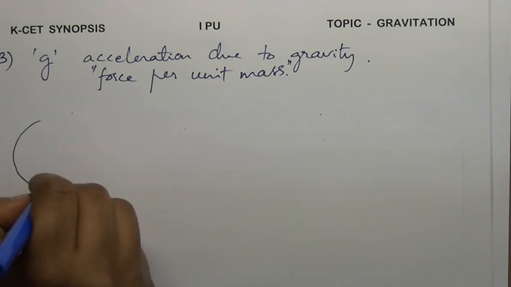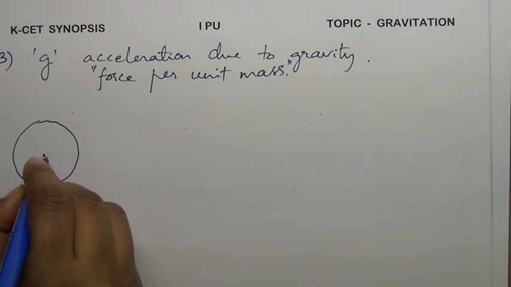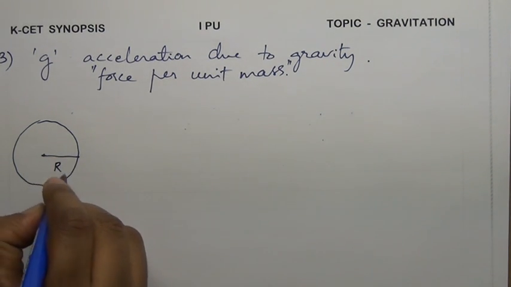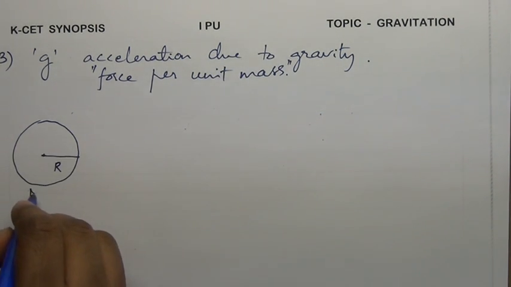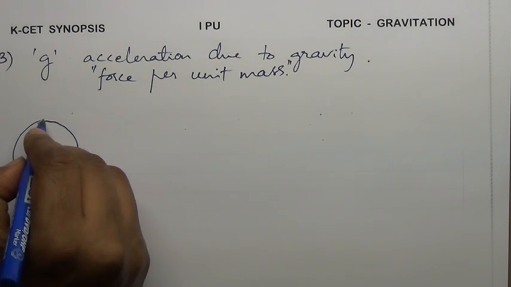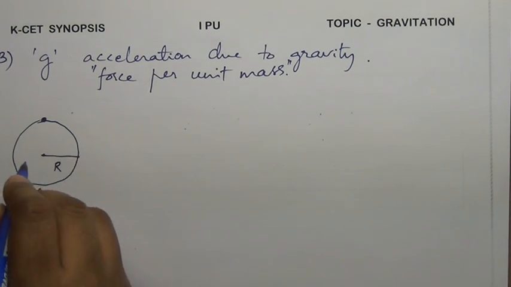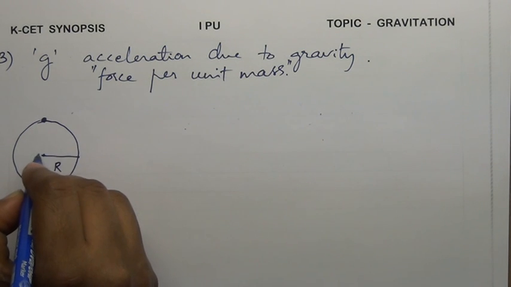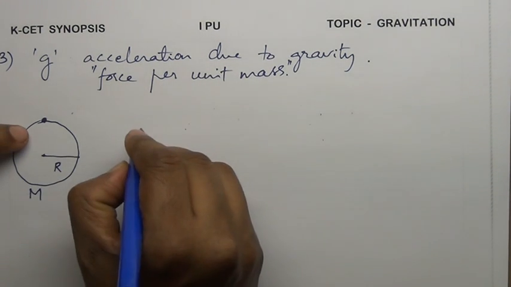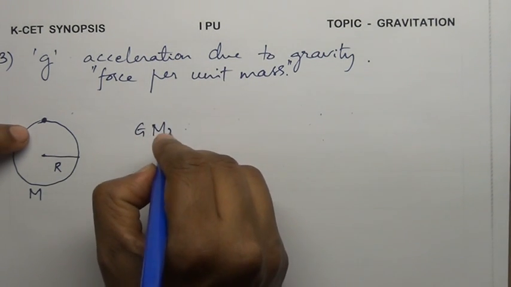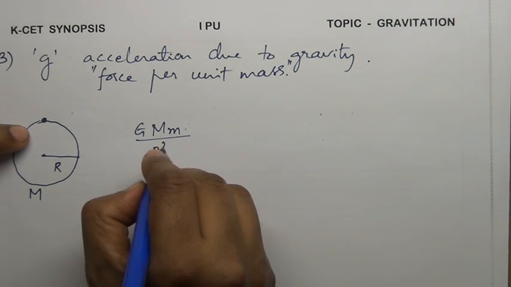If this is the earth and capital R is the mean radius of the earth and mass of the earth M, there is an object on the surface, which means this object is pulled by a gravitational force given by G M m by R square.